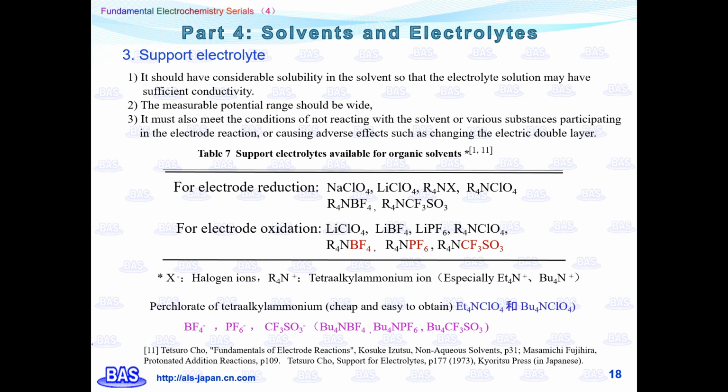In low relative permittivity solvents such as DME and THF, it is difficult for the electrolyte to dissolve and dissociate into ions, so there are even fewer types of electrolyte available, but even in these solvents, those electrolytes with large ionic radii of the anion and the cation are still well soluble and provide considerable conductivity. Please refer to Table 2.